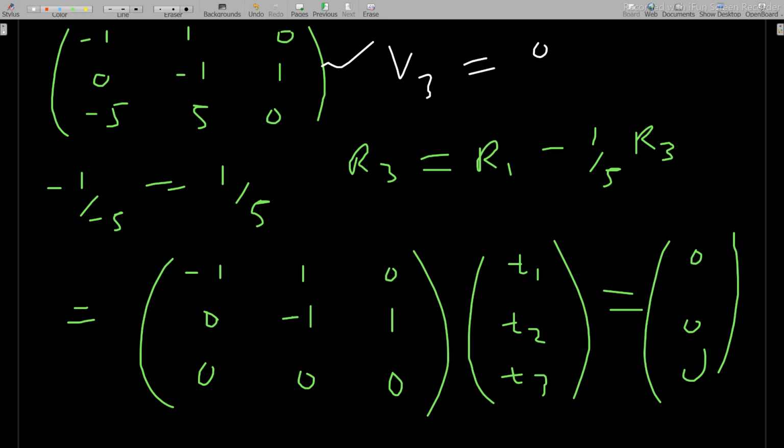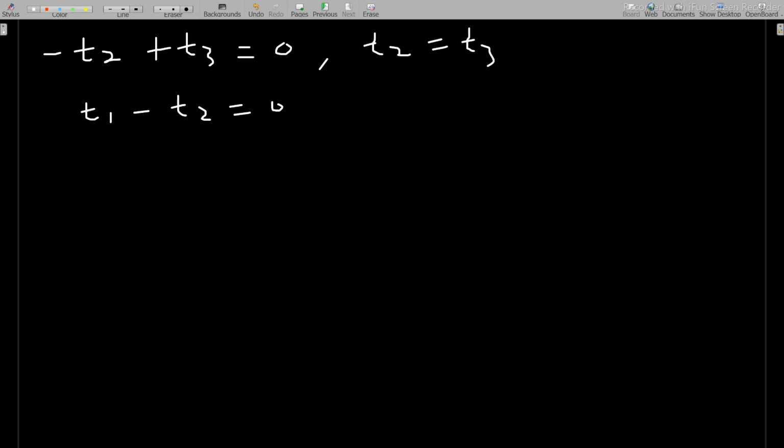So from here we can generate equations. For the second row we have negative t2 plus t3 equal to 0, and we have t1 minus t2 equal to 0. It means t2 is equal to t3 from the first equation, and t1 is equal to t2.